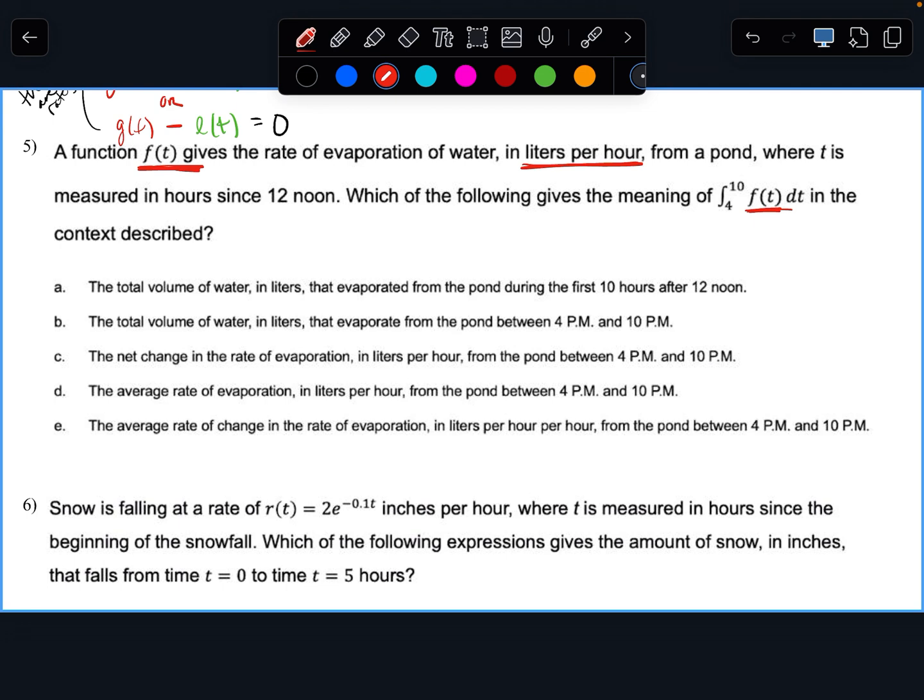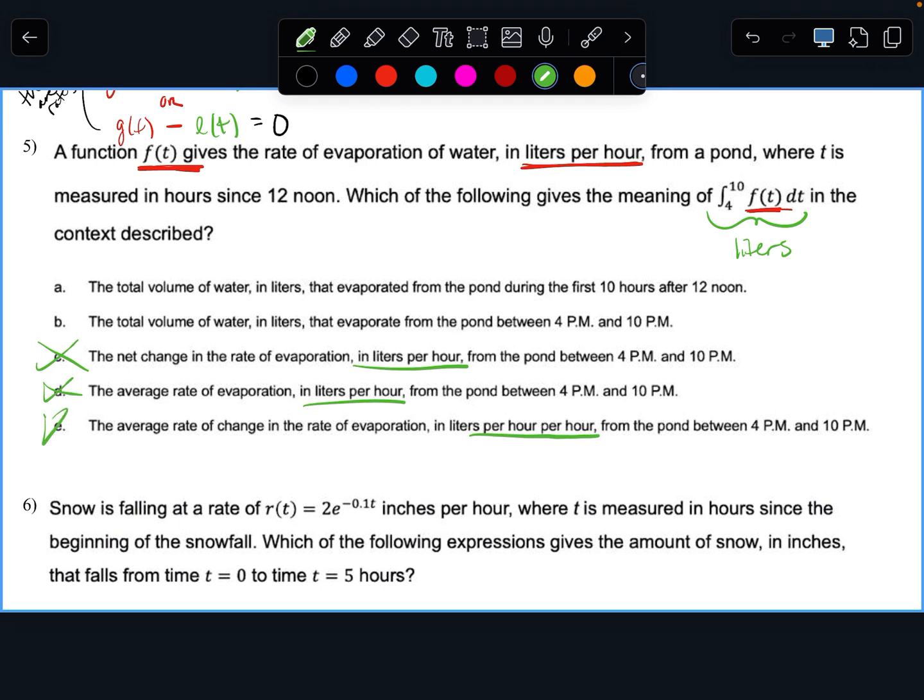So if you're integrating liters per hour, that's just going to be straight up liters, right? Think of like velocity to position. So what I do is I just knock out the ones that don't have that unit. This one's liters per hour, so that one's out. This one's liters per hour, out.